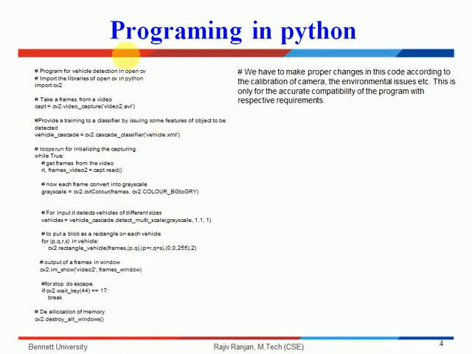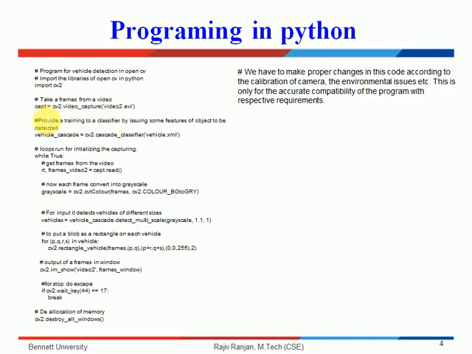This is the program code for detecting vehicles from the videos. Step by step I can just explain it to you. First I have imported OpenCV as cv2, and then the second line of code is to take frames from a video.